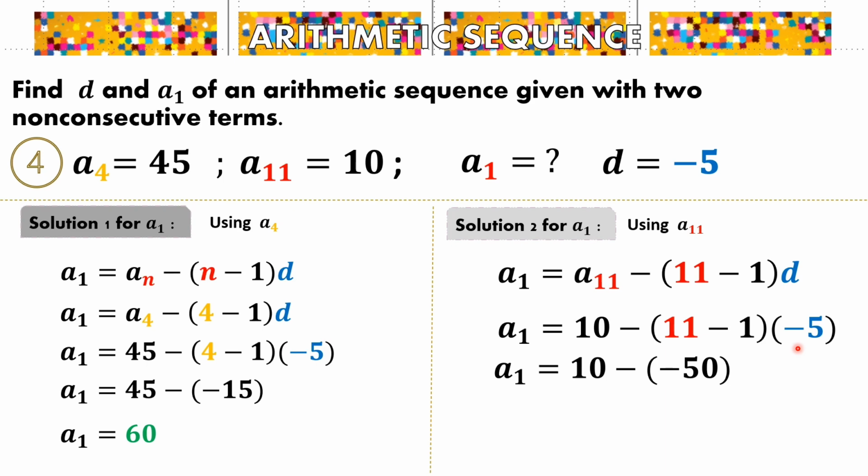Performing the operation here, we have 10 minus 11 minus 1 is 10 times negative 5 is negative 50. And then negative 50 times negative is positive 50 plus 10. Therefore, a sub 1 is 60.